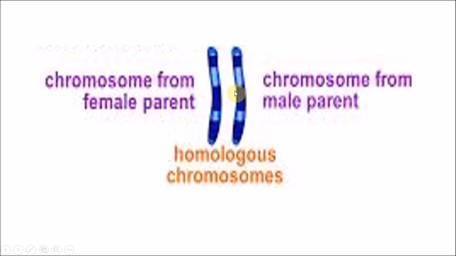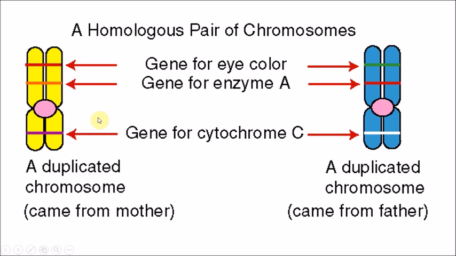Now, I don't know which one you're going to get to look at in the exam, but this is a chromatid. This is a chromatid. It forms a chromosome. These are homologous chromosomes because they match each other. This could be chromosome 1, and this would be the pair that goes with chromosome 1. The thing about homologous pairs of chromosomes is you get genes in the exact same locations.